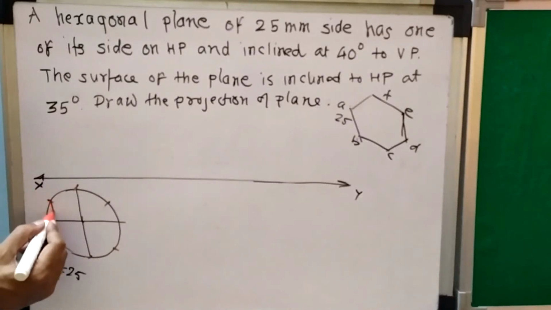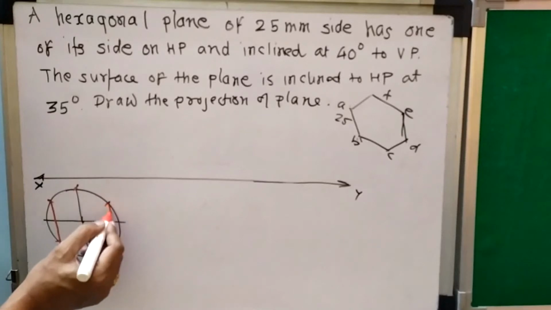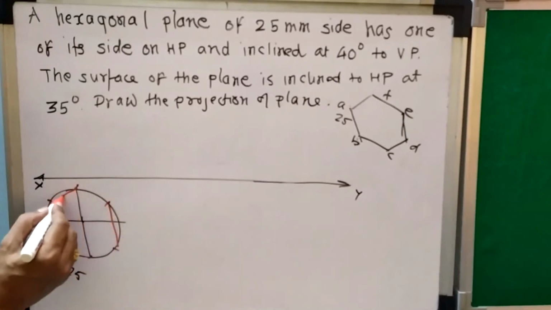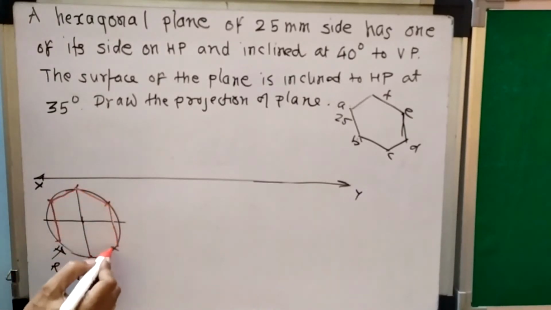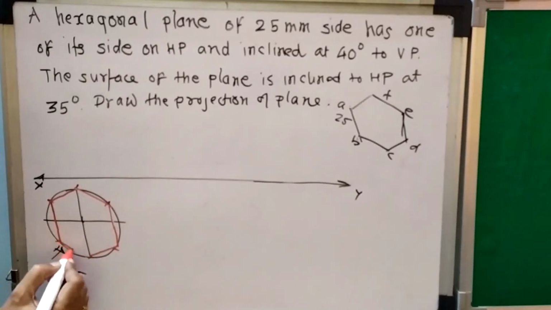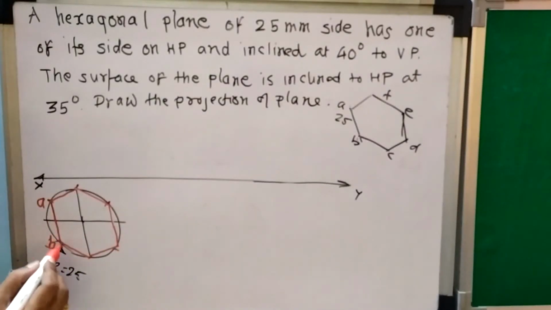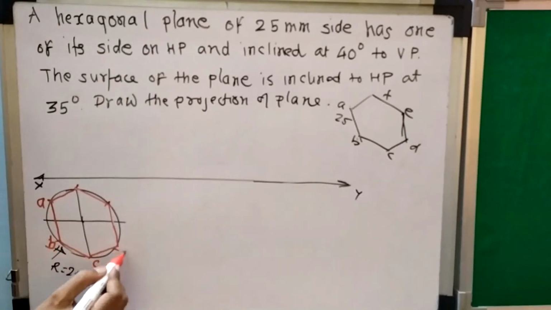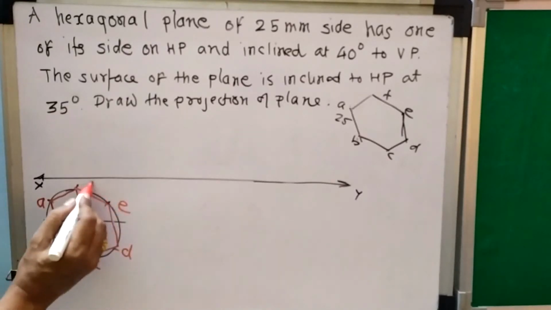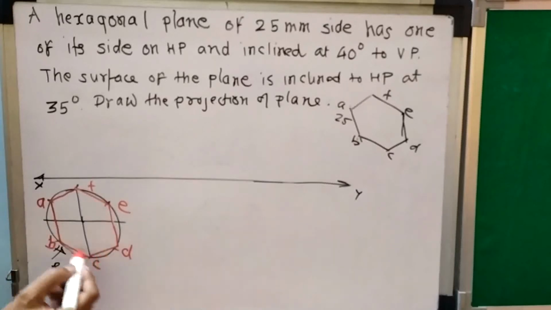So this will be a perpendicular side, this will be a perpendicular side, and then I will join this. In this way I have constructed this hexagon with resting side AB. AB is coming perpendicular to XY. So AB, this is C, D, E, F. So I got this hexagon.